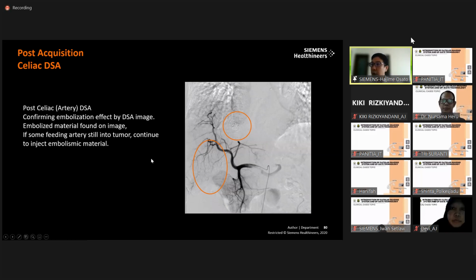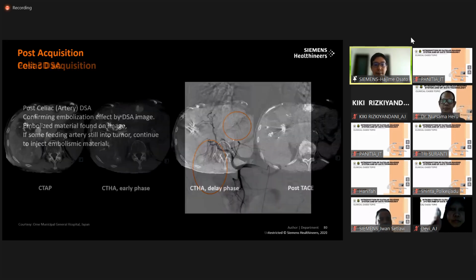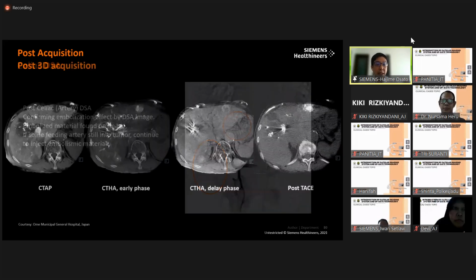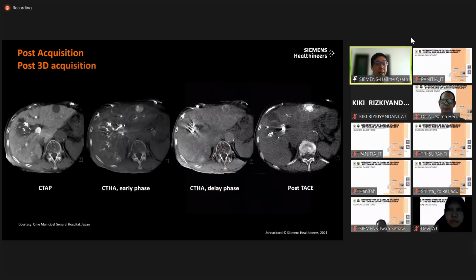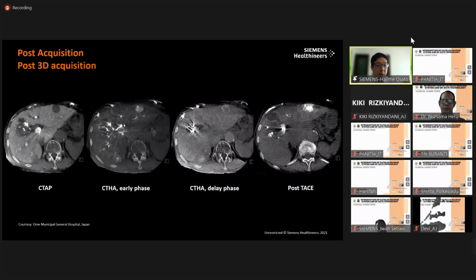So we can check the effect of the embolization from the post-celiac artery DSAs. And some doctors require post-3D imaging without contrast medium to confirm the embolic material spread.